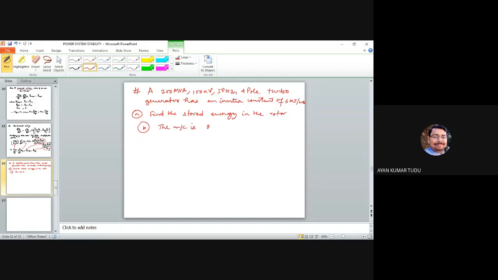The machine is operating at 120 megawatt when the load is suddenly increased to 160 megawatt.